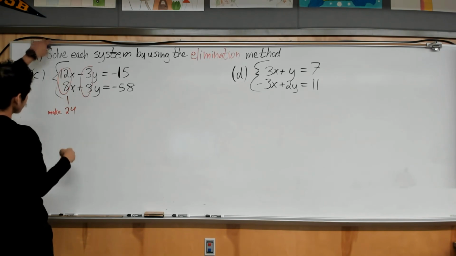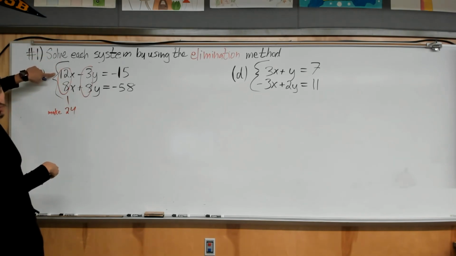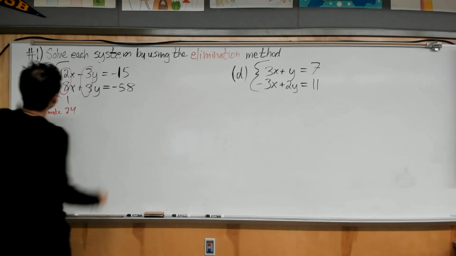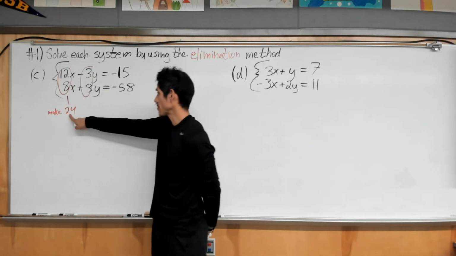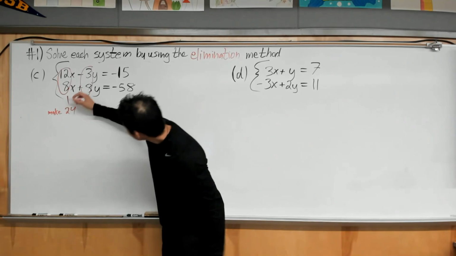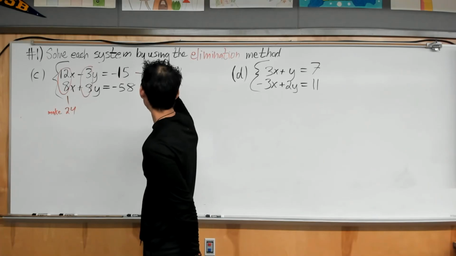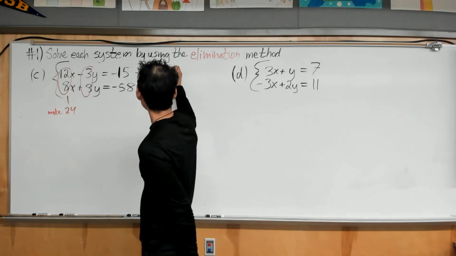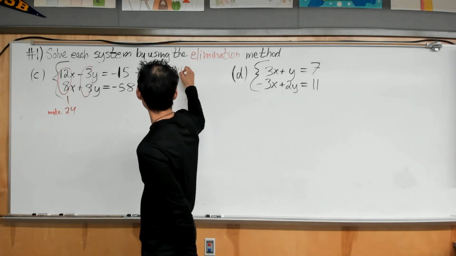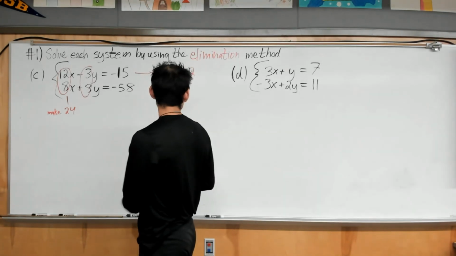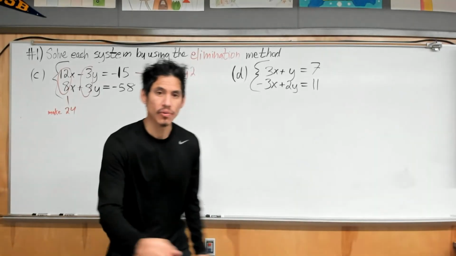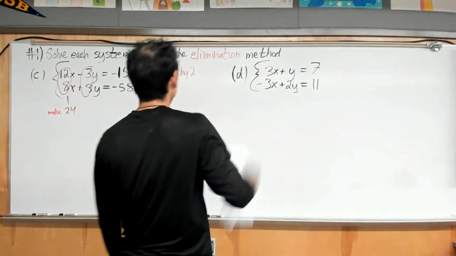So to make this 12 into 24, you're going to multiply by 2. So we're going to write multiply by 2. And actually, let me erase this one so it doesn't get in our way.